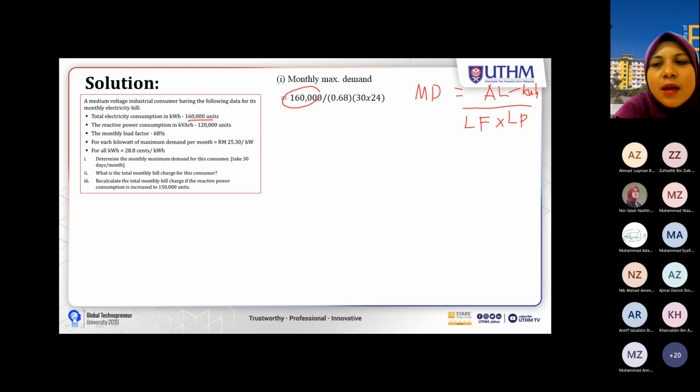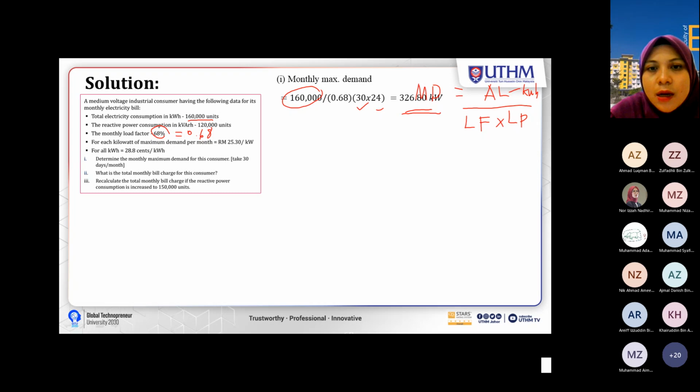So substitute, you divide by 0.68 which is the load factor, as I said earlier. You times with the load period. We take the load period per month, normal billing month, so 30 days times 24 hours. Then you can get 326.8 kilowatt.